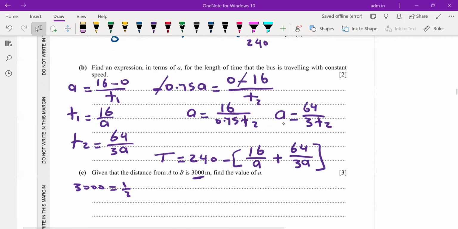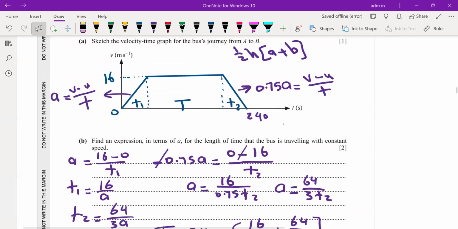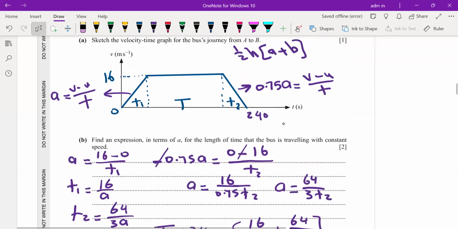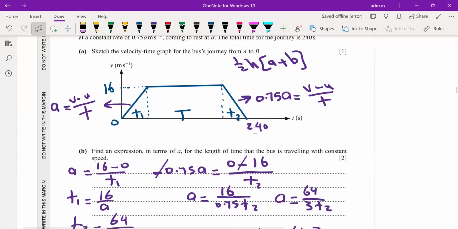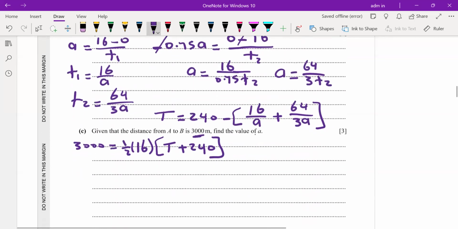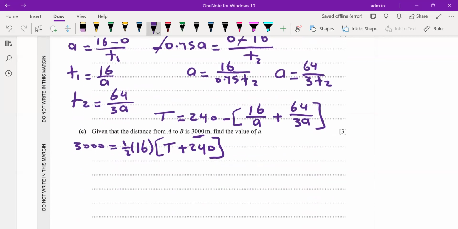The height is the perpendicular in between, which represents the speed, 16, times the parallel sides, which are 240 and T plus 240. From this equation, we can simplify and solve to get T. Half of 16 is 8.